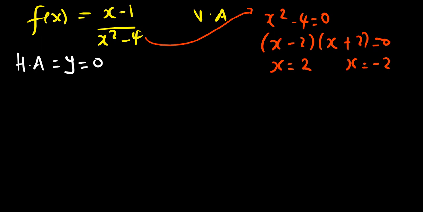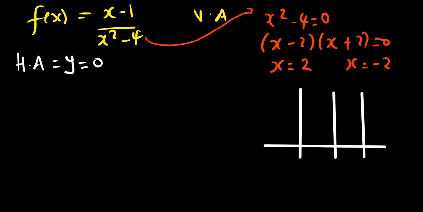So now for our vertical asymptotes, let's draw our diagram. So we find our solution set. We have this, we have that, we have that. Let's do that, make them small.